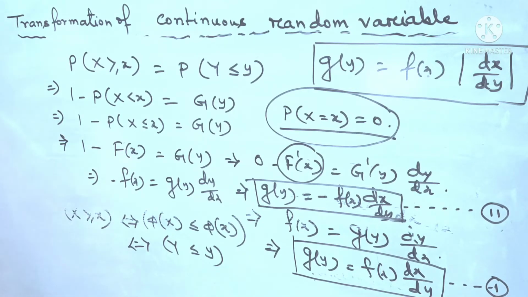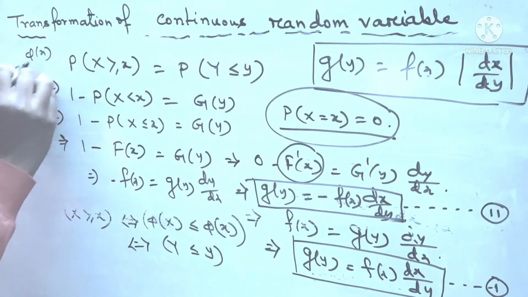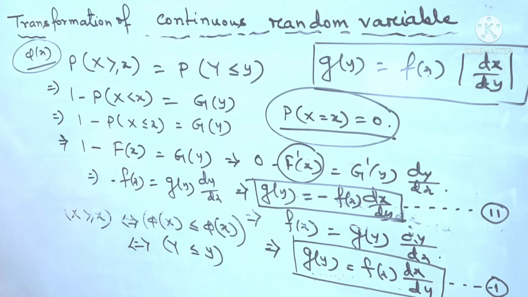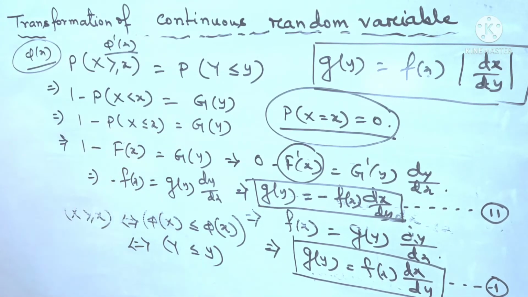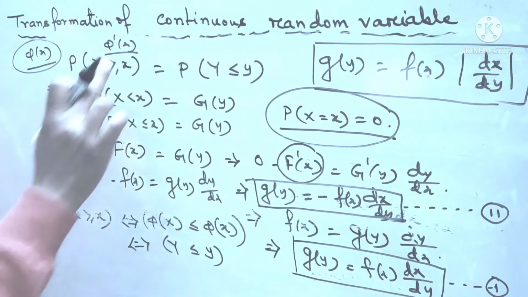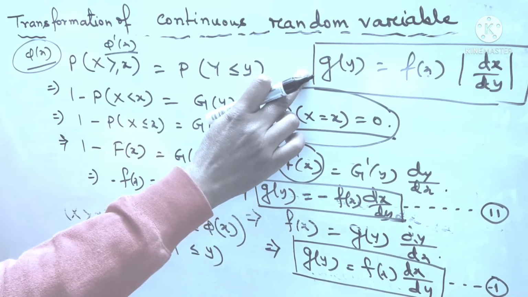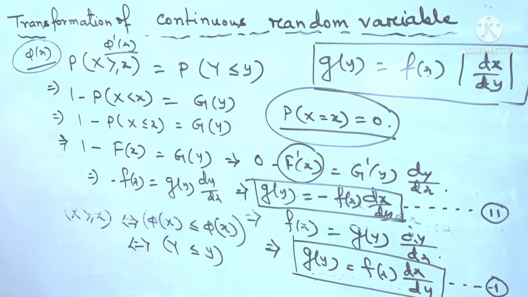If the transforming function phi of x is not differentiable, or if phi dash x is not keeping the constant sign, then we cannot use this result for transformation of PDF from x to y. This is a very important point for this formula.